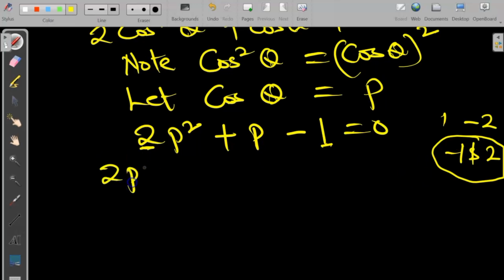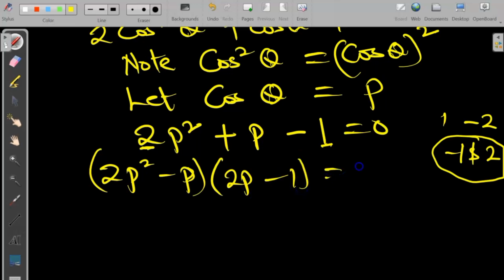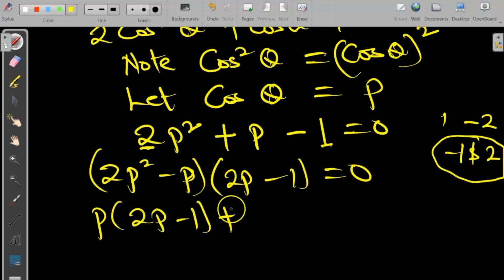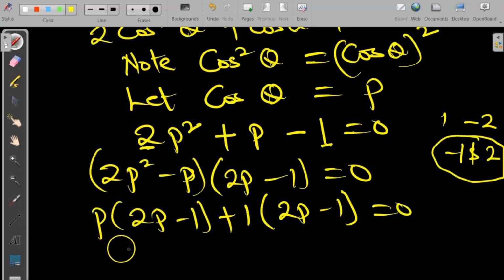So we have 2p squared minus p plus 2p minus 1 equal to 0. A common factor of 2p squared and p is p. So we have p times 2p minus 1, plus a common factor of 2p and 1, which is 1, so we have 2p minus 1 equal to 0.